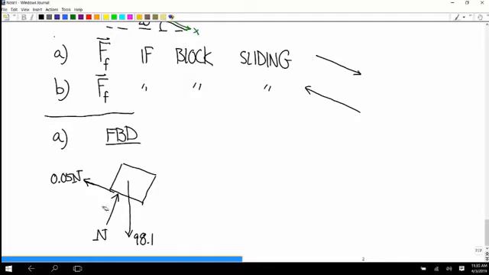The only thing that we have to figure out components for using cosine and sine is the weight force. So let's figure out what that is first. Once we get that for part A, that won't change for part B. So here's X, here's Y. The weight force is this way.